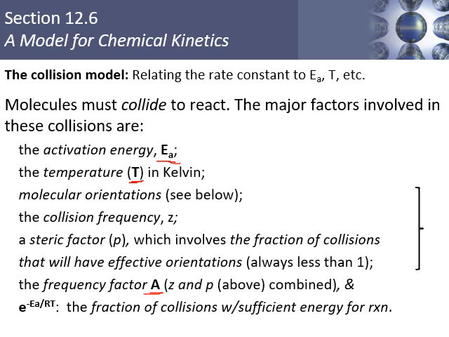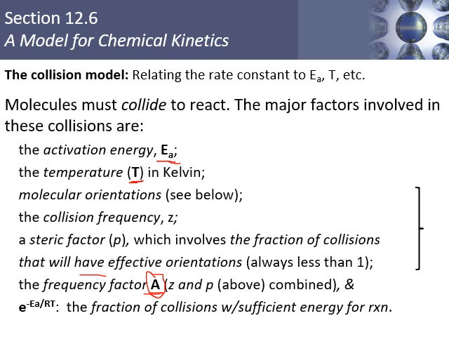So if you multiply the fraction that have the right orientation times the number that are happening, you're going to get the number of collisions that happen with the right orientation. And that's called the frequency factor. And you might want to remember this one, or just remember that it's abbreviated as A. So A is like the fraction of collisions that happen with the right orientation.